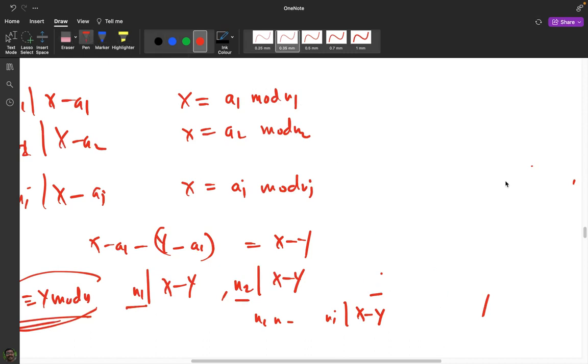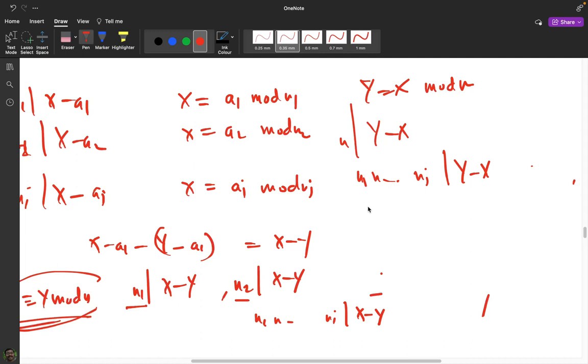Since y is congruent to x mod n, n divides y minus x, so n1, n2, up to nj all divide y minus x. This means n1 divides y minus x, or y is congruent to x mod n1.